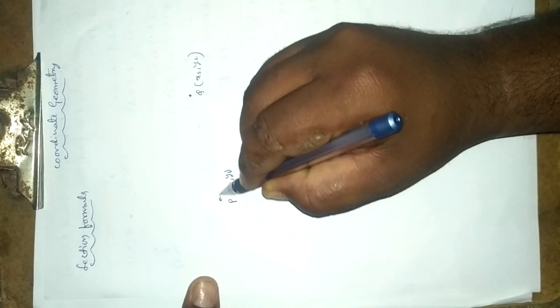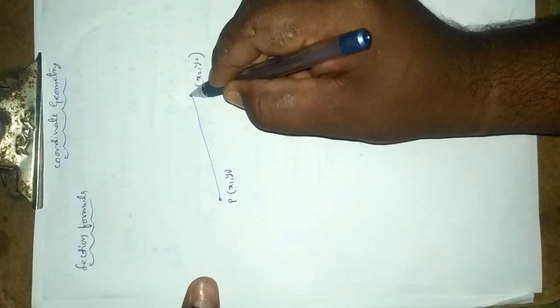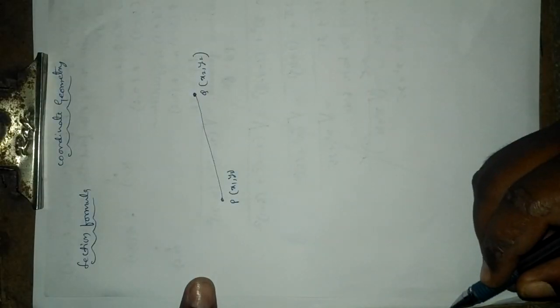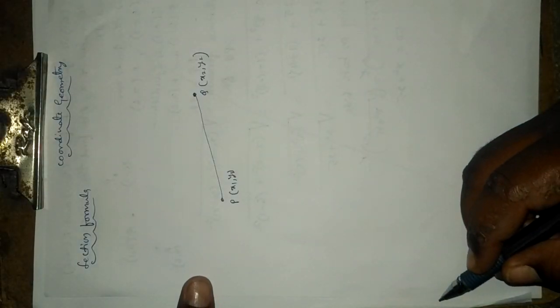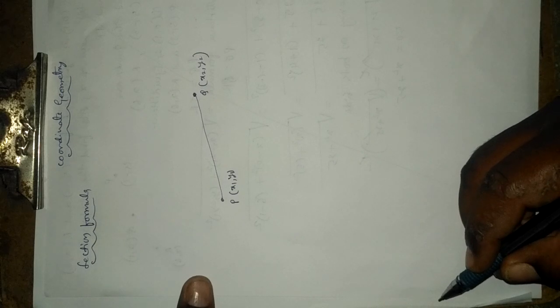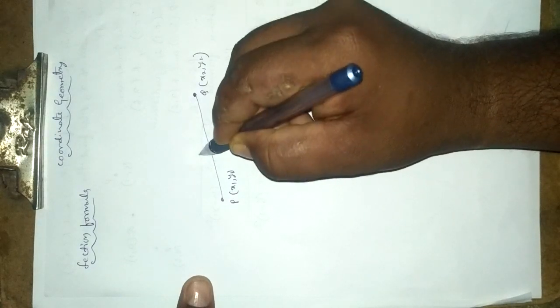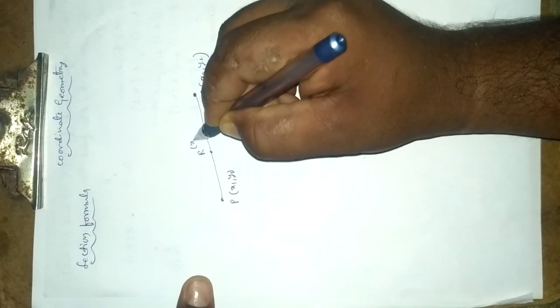Here I am going to draw a line from P to Q. Suppose I take one more point in between these two points, here I am going to take R. So this is x comma y.